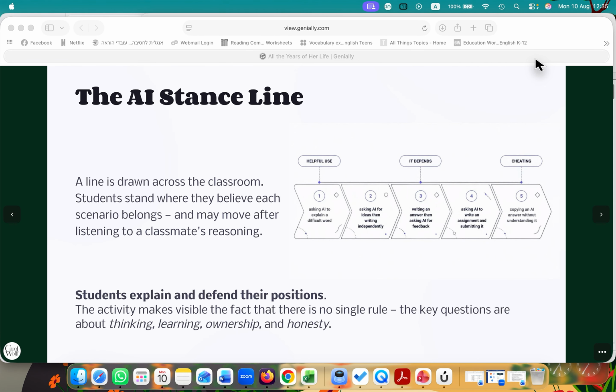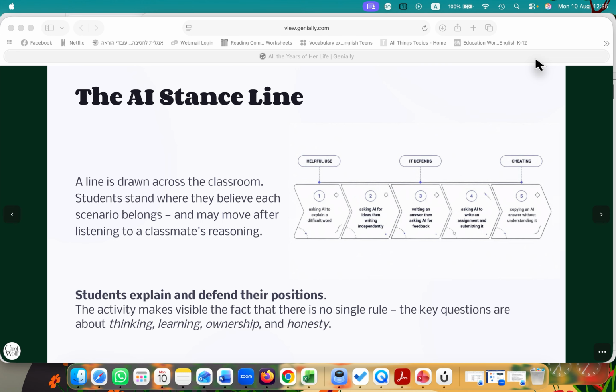Now we're going to do another stance line. Draw a line across the room again, this time for AI use. Helpful use on one end, it depends in the middle, and cheating on the other.